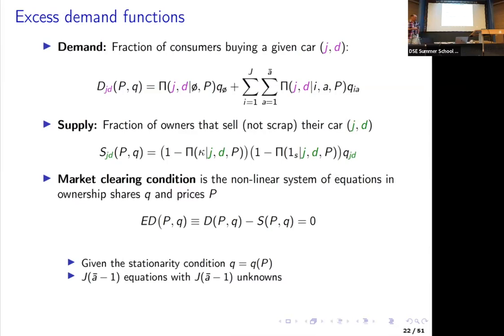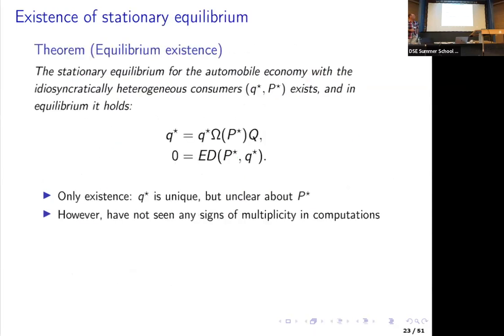So it's an exactly identified system, non-linear, unfortunately, but these are the conditions that define the equilibrium that we are modeling in this paper, stationary equilibrium. This is essentially just the condition that you saw, plus the solution to the non-linear system of equations which clear the market. And we show the existence in the paper very carefully.